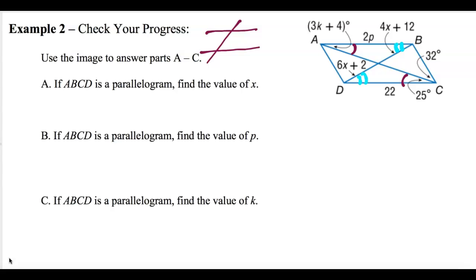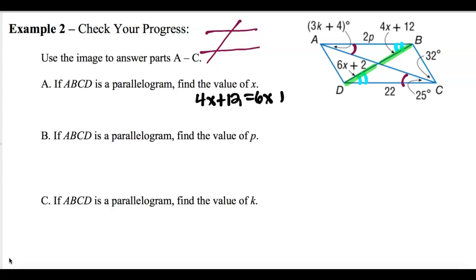Okay, so they want us to first of all find the value of x. We know from the previous slide that these are going to be congruent, so we can make a statement about congruency. So 4x plus 12 is going to equal 6x plus 2.